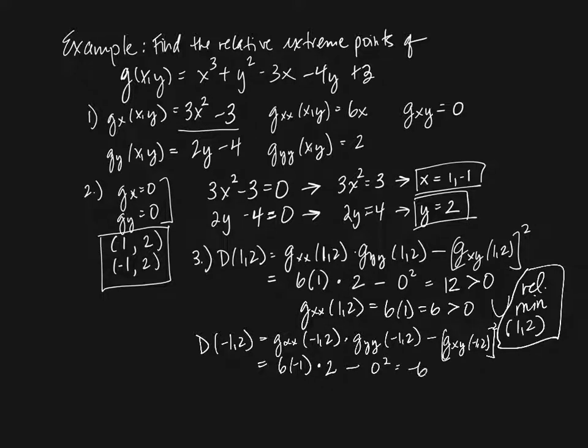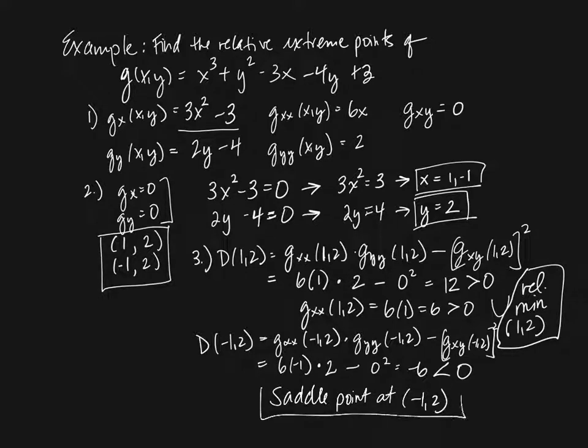So this is negative 6. So that's less than 0. So if we go back to our conditions, remember if d is negative, then we have a saddle point at negative 1 comma 2. Okay, so we have a relative min at 1 comma 2 and a saddle point at negative 1 comma 2.